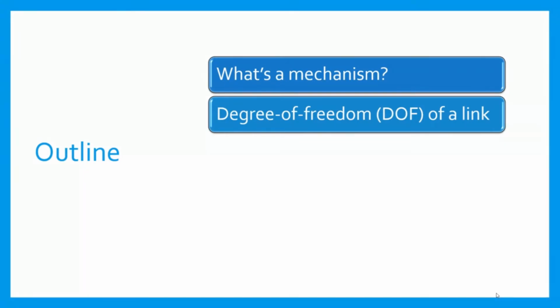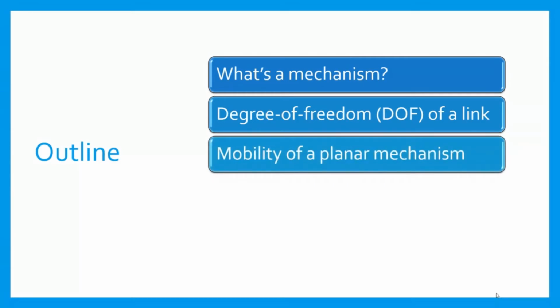So first, we're going to focus on a link or a rigid body, and understand the different degrees of freedom of one link. Then we will be able to study the mobility of one whole planar mechanism.